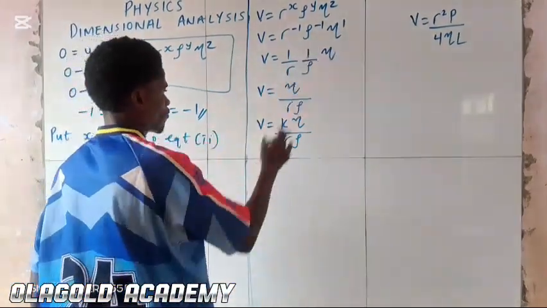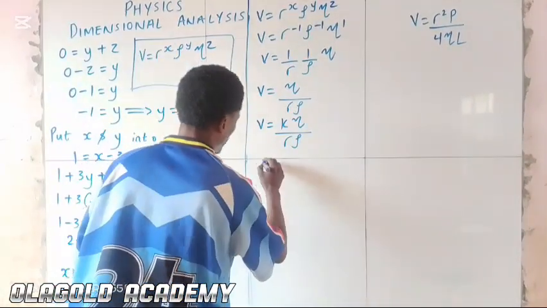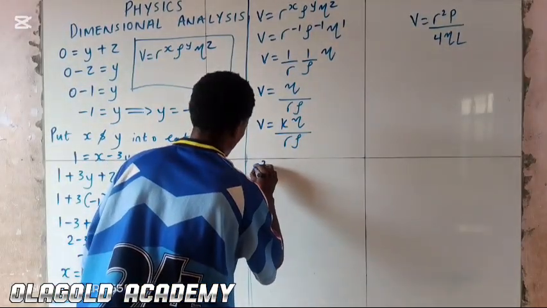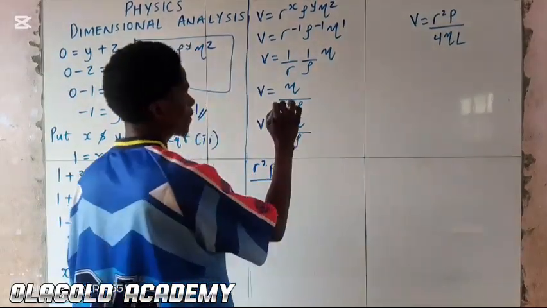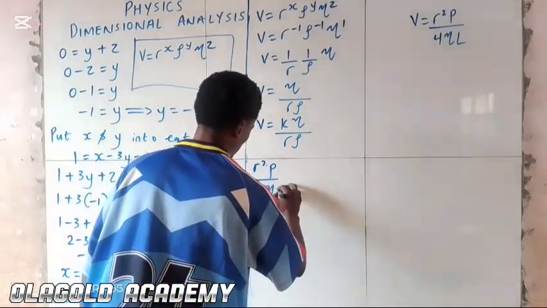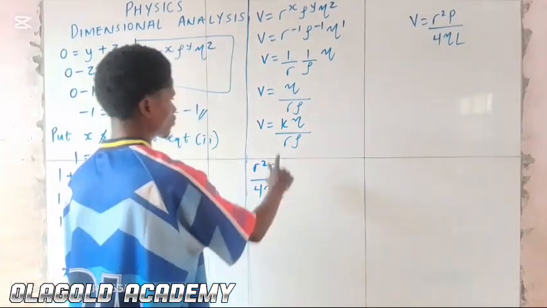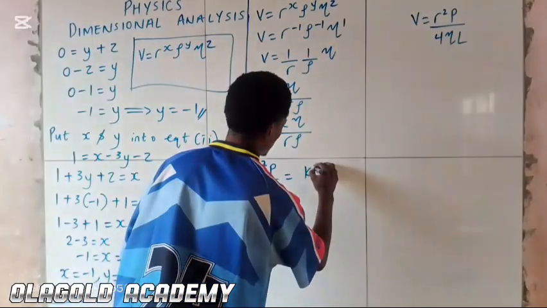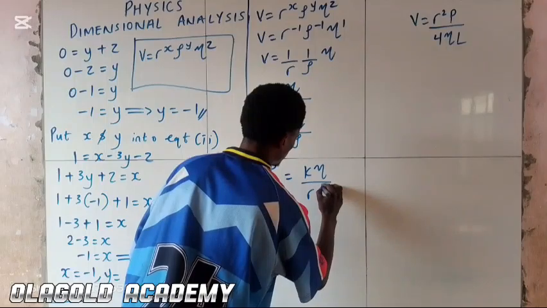So from there, we are going to have r squared p over 4 eta l equal to k eta over r times rho.